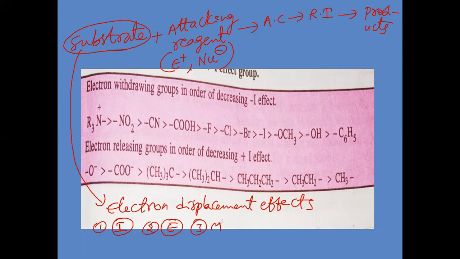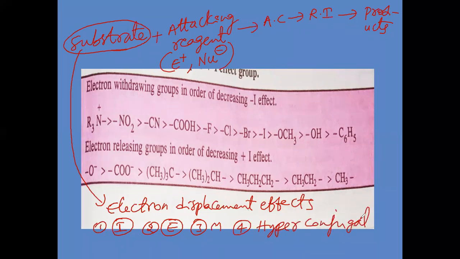The mesomeric effect is also called the resonance effect, capital M or capital R: R indicates resonance, M indicates mesomeric effect. So the inductive effect is one type of electron displacement effect, the second is the electromeric effect, the third is the mesomeric effect, and the fourth is hyperconjugation.